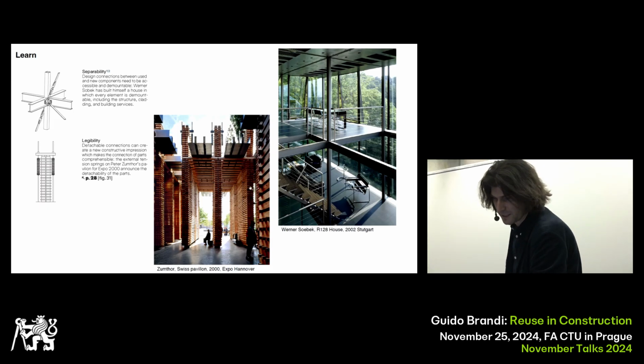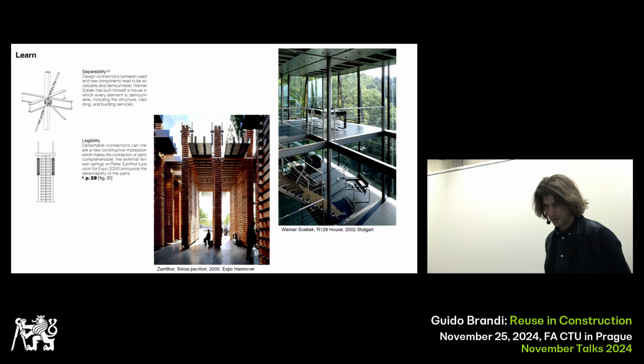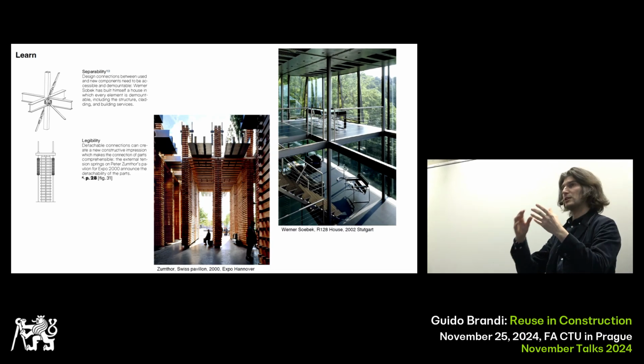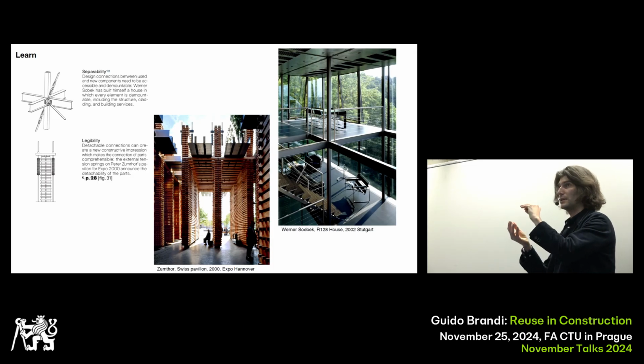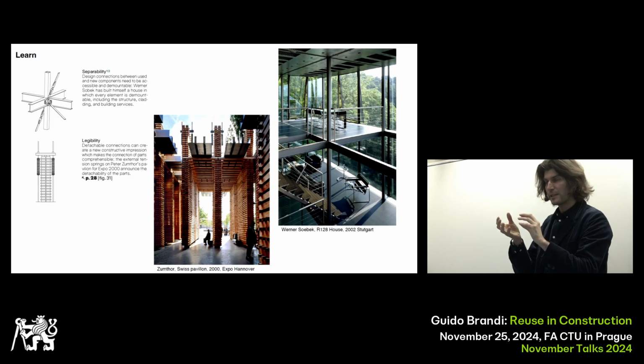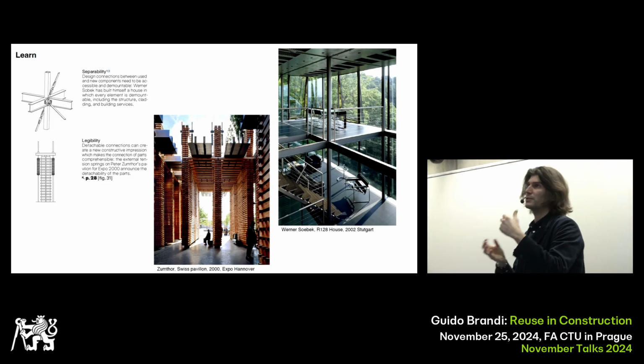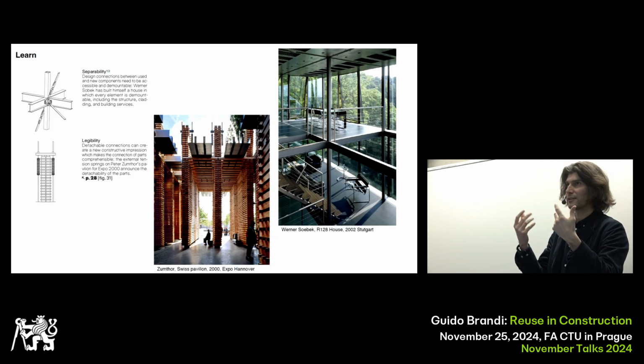And we always thought this pavilion from Zumthor at the 2000 Expo in Hanover is an amazing example, because he combined wood, massive timber, and steel, and both elements work according to their strength, to their quality.